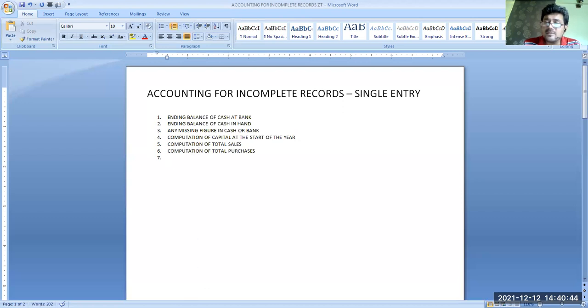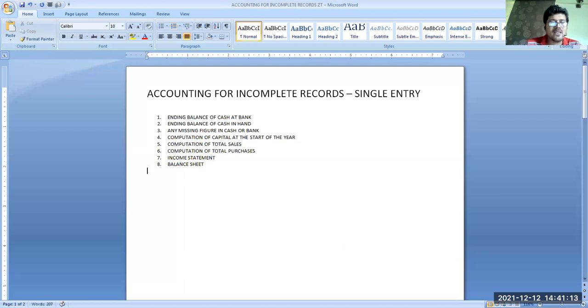Then the income statement and balance sheet. These are the possible 8 requirements you could be asked to solve in your CIE. Might be 3, 4, 2, 3, but there are a total of 8 requirements in this question. They can ask you any 1, 2, 3, whatever they want to ask.